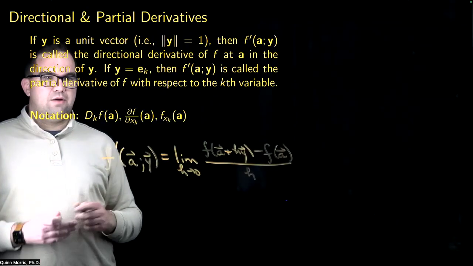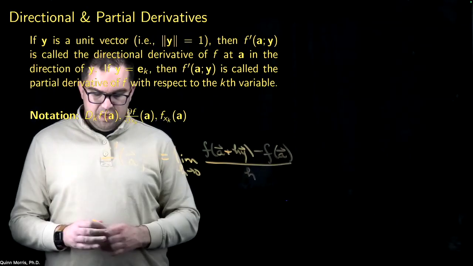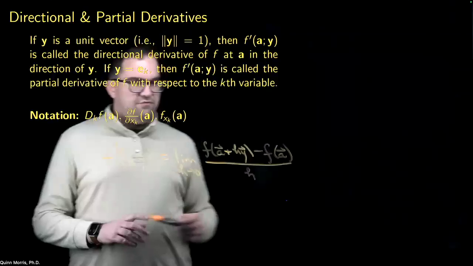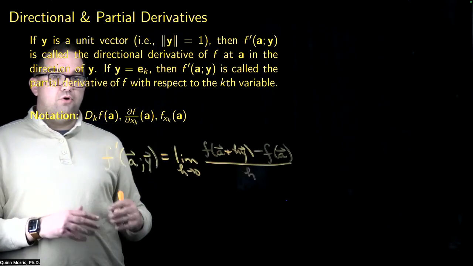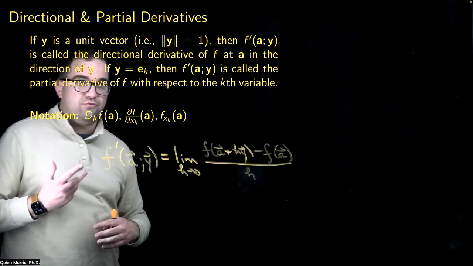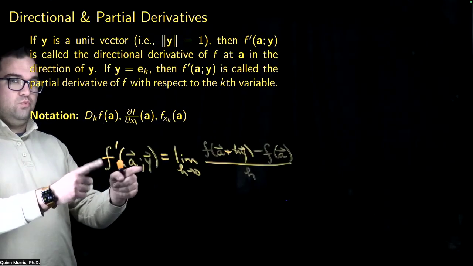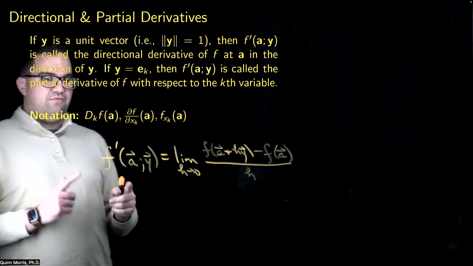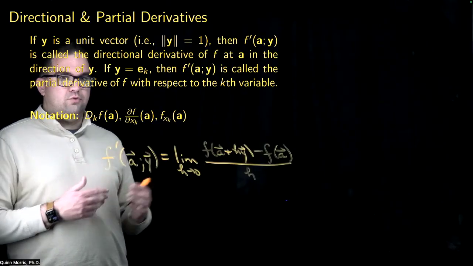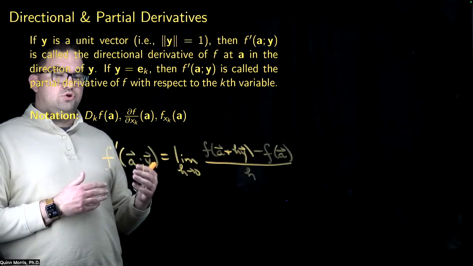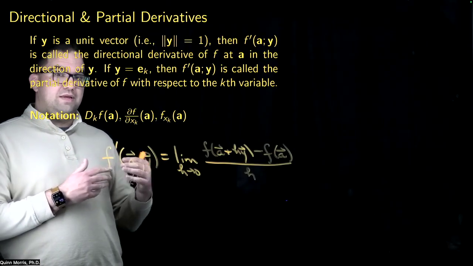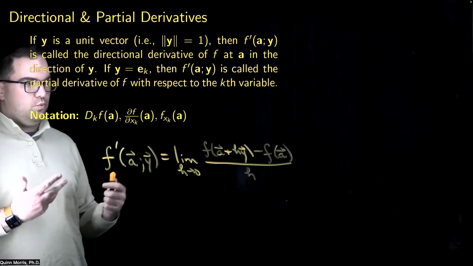And one of the things that we noticed last time was that if you had two different vectors y, both in the same direction but with different magnitude, then this value would actually change. In fact, if y1 was 2 times y2, then the derivative with respect to y1 would be twice that of the derivative with respect to y2.